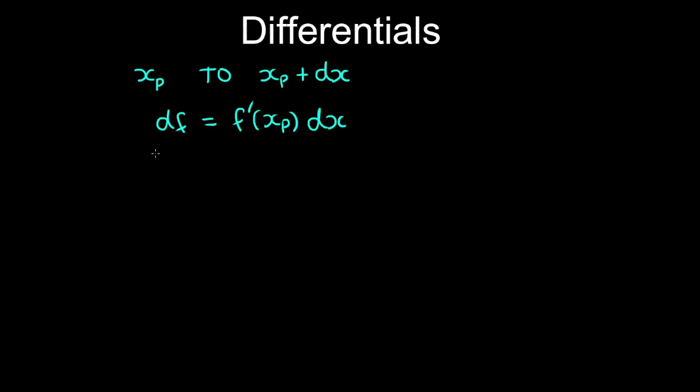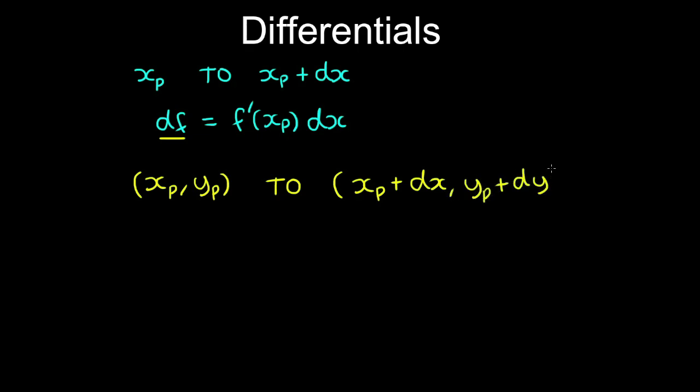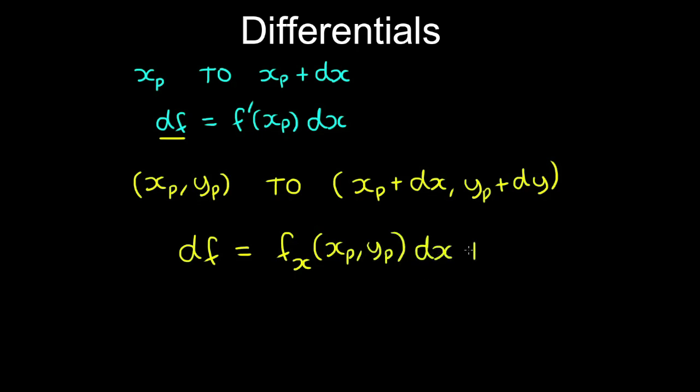Now in contrast, we can obtain a differential for a function of 2 variables by moving from a point with coordinates xp and yp in the xy plane to a nearby point with coordinates xp plus dx and yp plus dy, which gives the resulting change as the partial derivative of f with respect to x evaluated at p by dx plus the partial with respect to y evaluated at point P by dy.